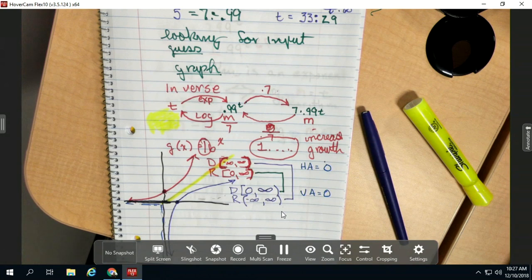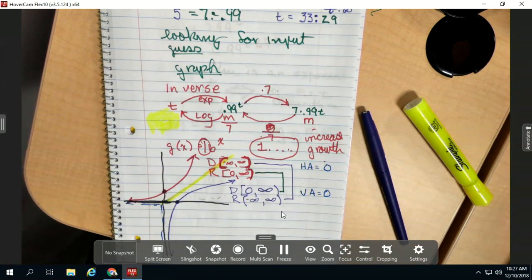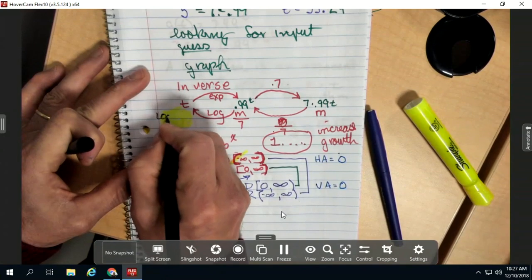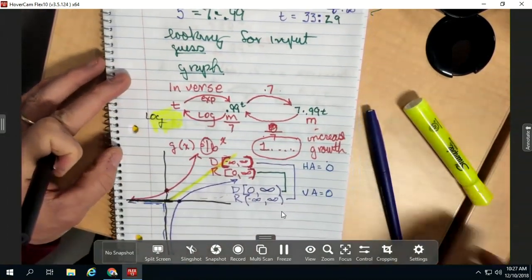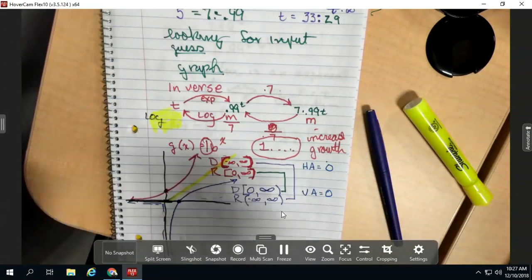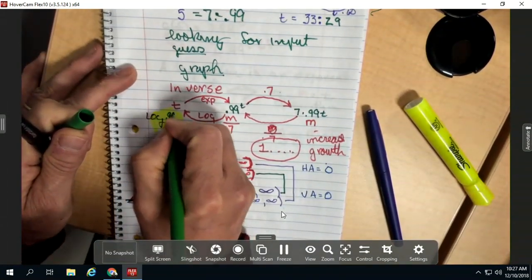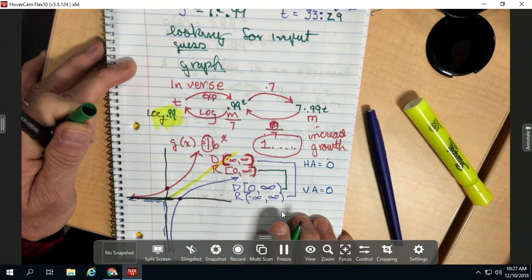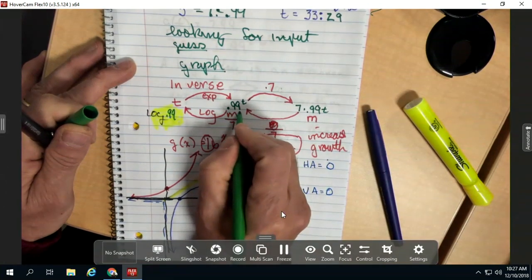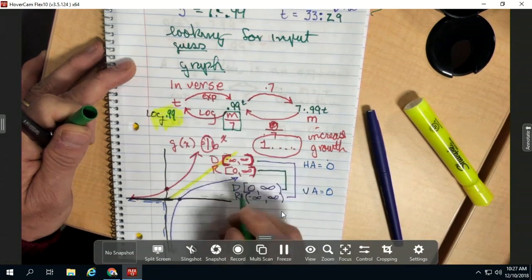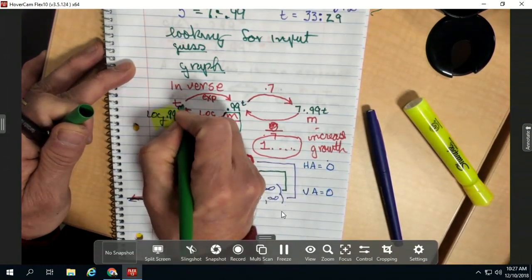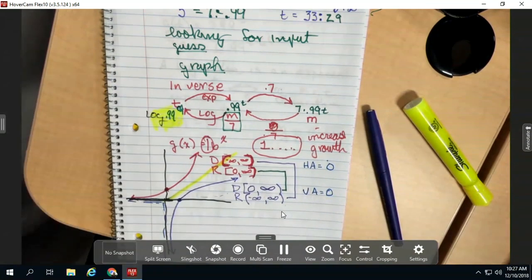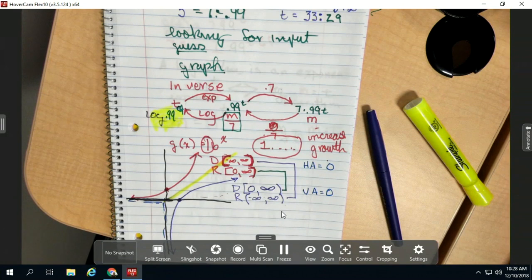So this answer is going to be the log base 0.99, and this is our number, m over 7. Not our exponent, our number. So log base 0.99 of m over 7 is t.